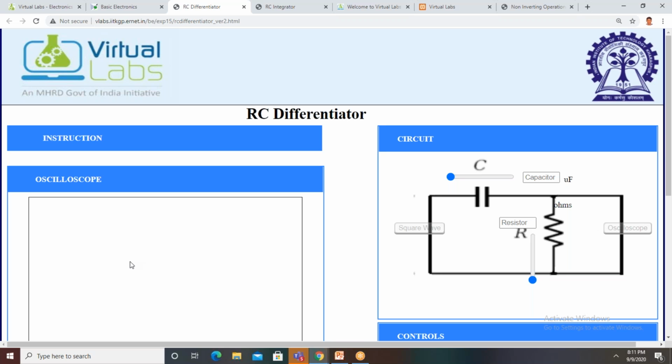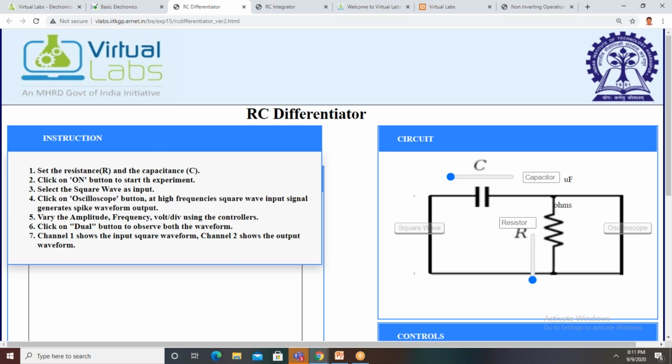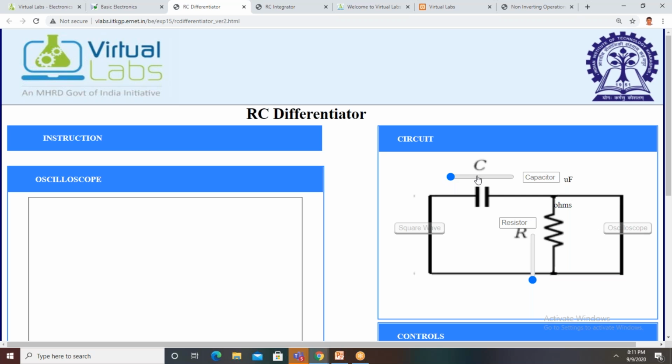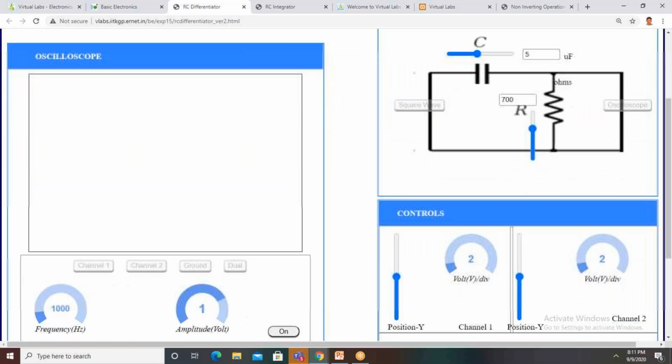What is this one, ma? This is called a spike. The RC differentiator generates a series of spikes when this RC is much less than the time period of the input signal. In that condition only, it acts as a differentiator.